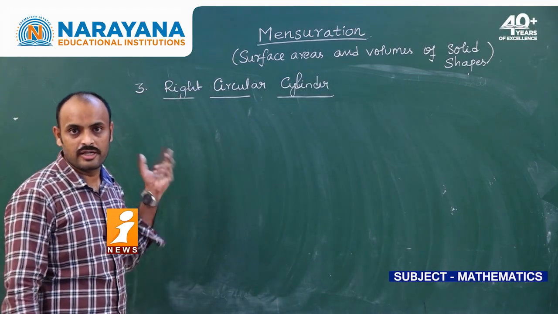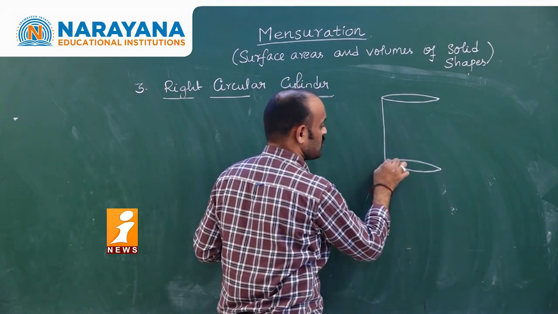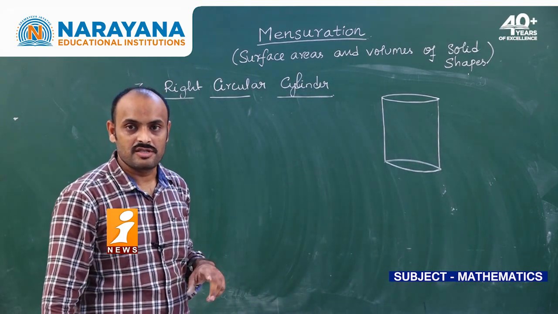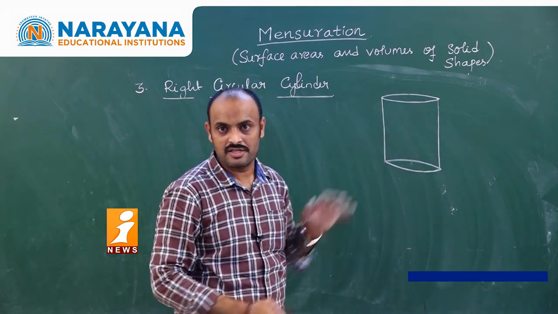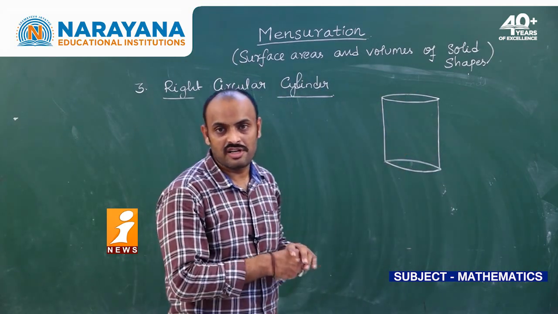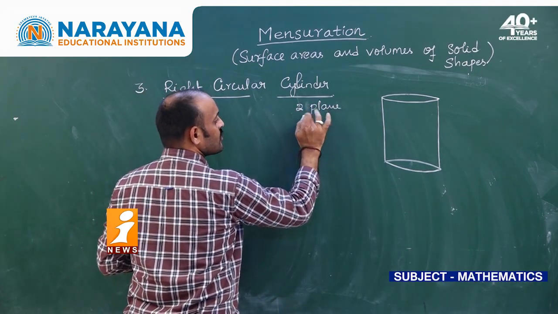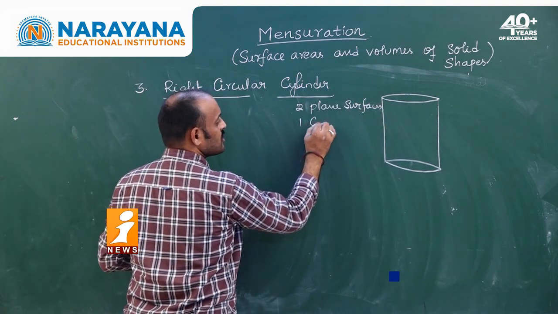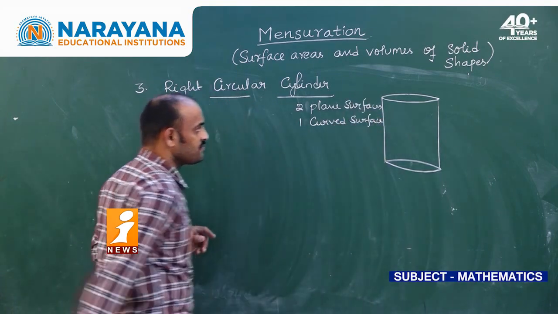So the right circular cylinder. It has 3 surfaces, in which 2 are plane surfaces and the third one is a curved surface.